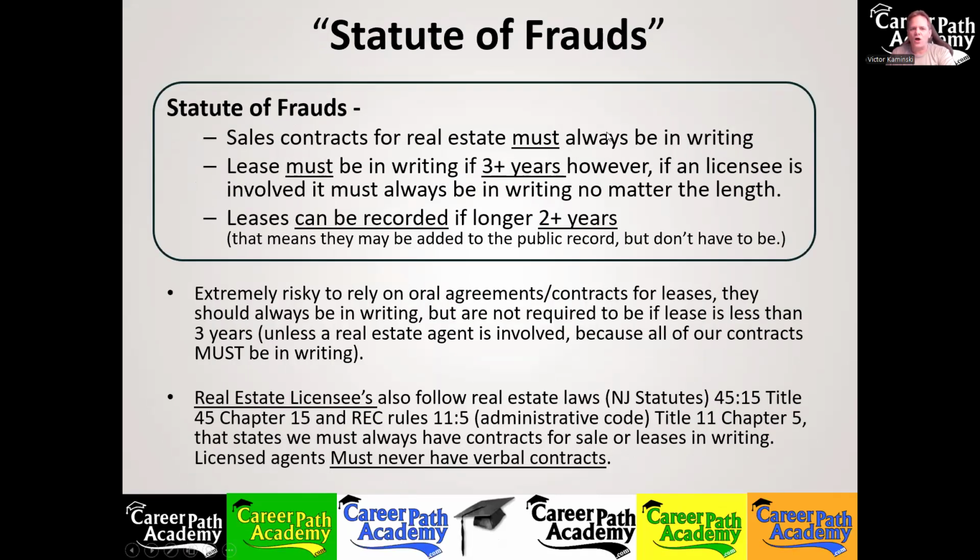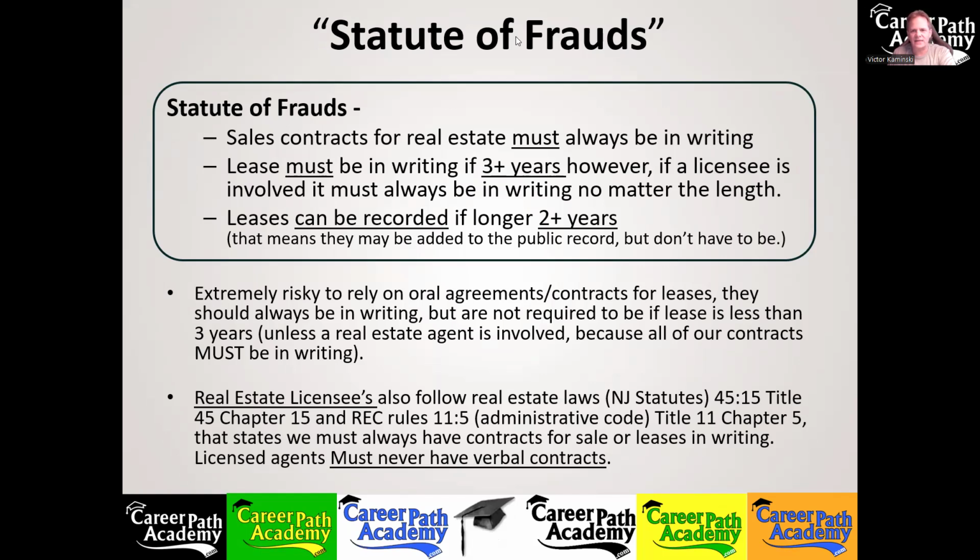The statute of frauds states that sales contracts for real estate must always be in writing. Leases must be in writing if they're 3 or more years in length. However, if a licensee is involved, it must always be in writing no matter the length.